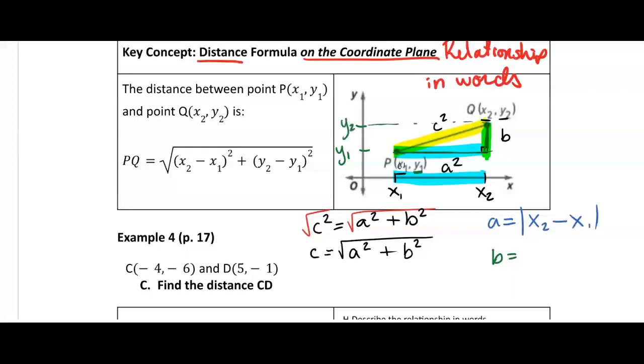So just like our distance on the horizontal number line is the absolute value of our second value minus our first value, our distance on the vertical number line is going to be our second y value minus our first y value. And we're going to take the absolute value of that for distance.